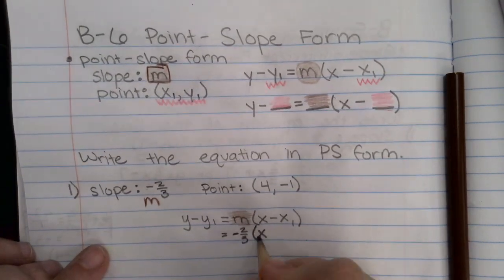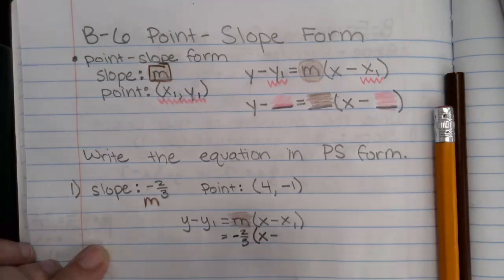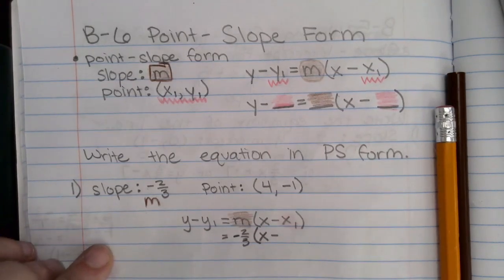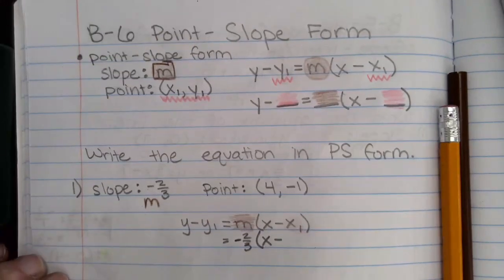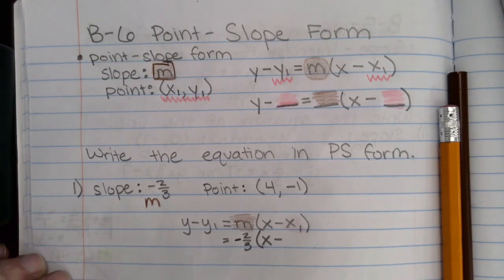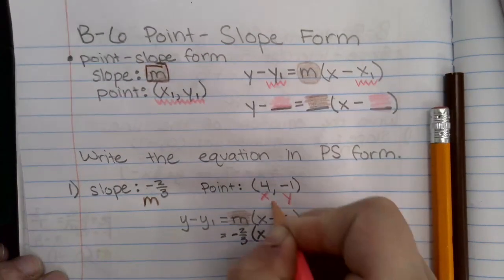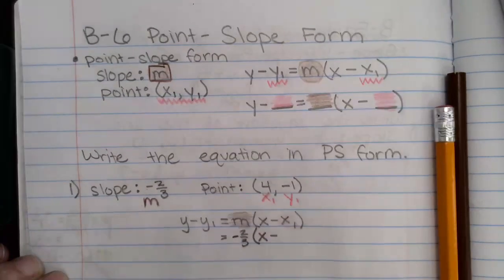I need to also put in a number for this x1. Which number is my x1? 4. Remember, it goes x and y. So x1 and y1.